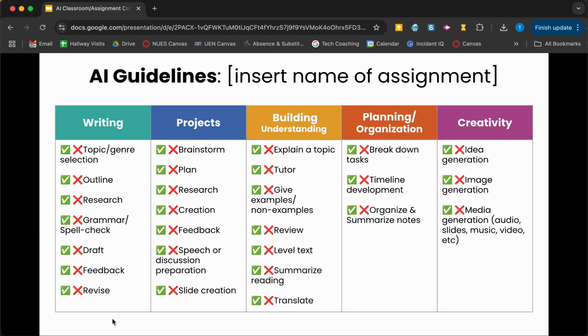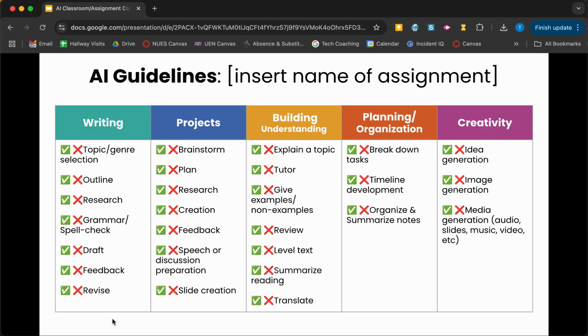For example, if it was a writing assignment and they were assessing grammar, and that was the main point, then they're not going to want AI to be used for that. But topic or genre selection isn't the actual standard being assessed. A student could use AI to help generate initial ideas and maybe even an outline.